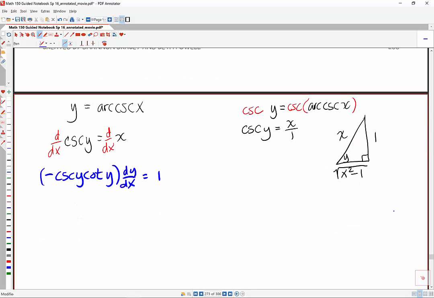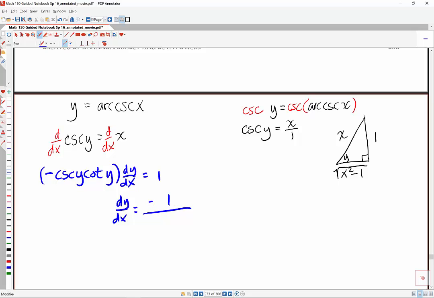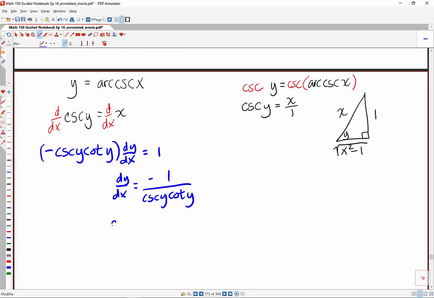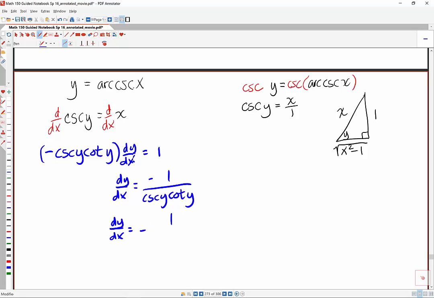So dy dx will be equal to negative 1 over cosecant y cotangent y, which gives us... Nope, sorry, it won't be over.